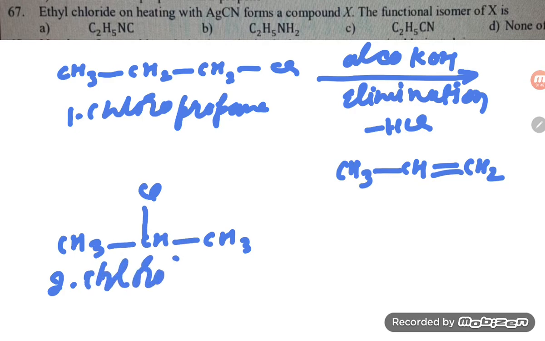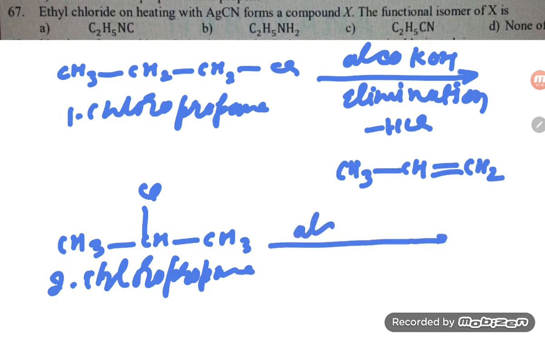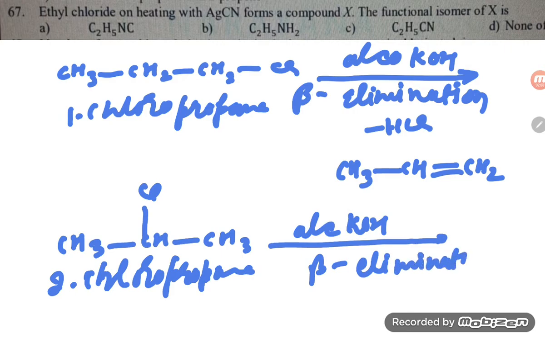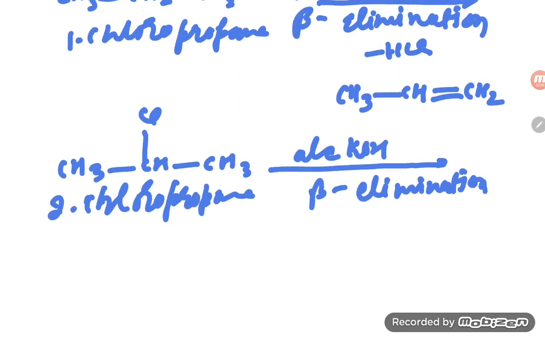So when you are treating 2-chloropropane with alcoholic KOH, this will also result in beta elimination. One of the hydrogens and the chlorine will be out, minus HCl.